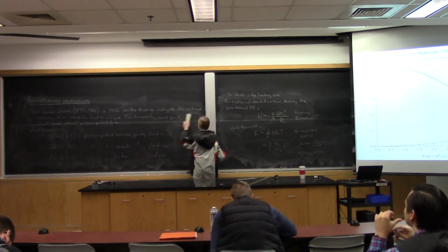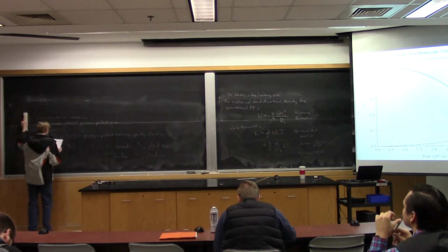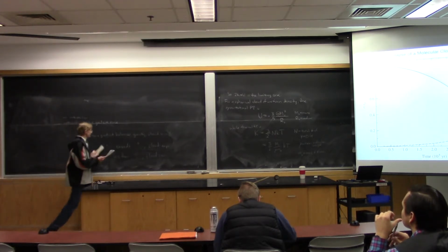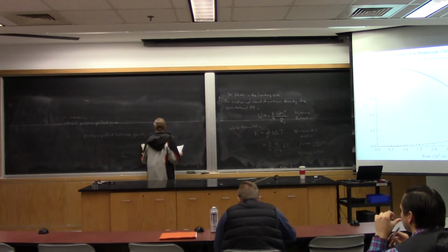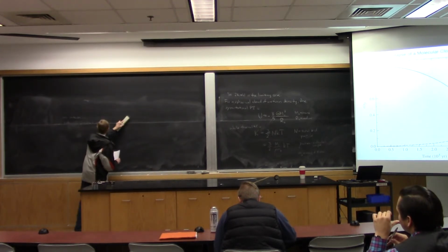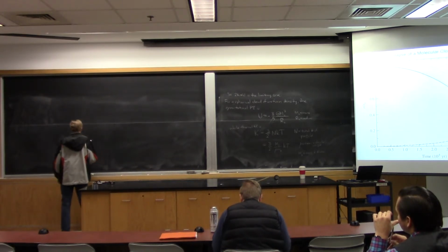So now we can look at what's the condition to be right on the border. 2K is equal to, well actually, let's look at the condition for 2K plus U less than 0. There's not enough thermal kinetic energy to produce enough pressure to support the cloud.